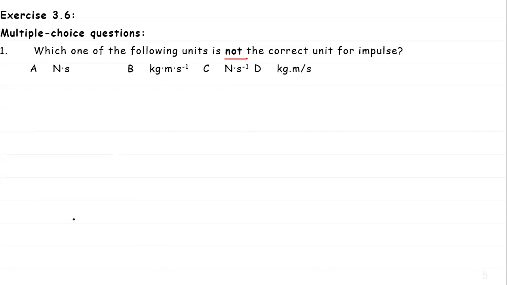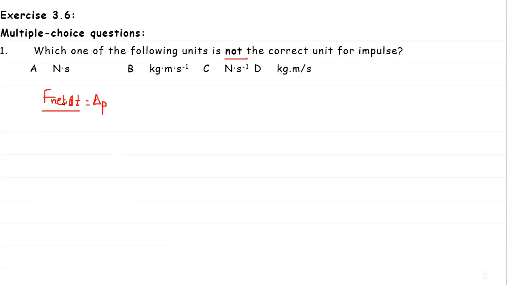Now, a unit that is not correct here, number 1, let us check for those that are correct. Now, impulse is the product of the net force acting on the object and the time the net force acts on the object. So, F net delta t by formula will give us that it is equal to delta p. So we know this is impulse.